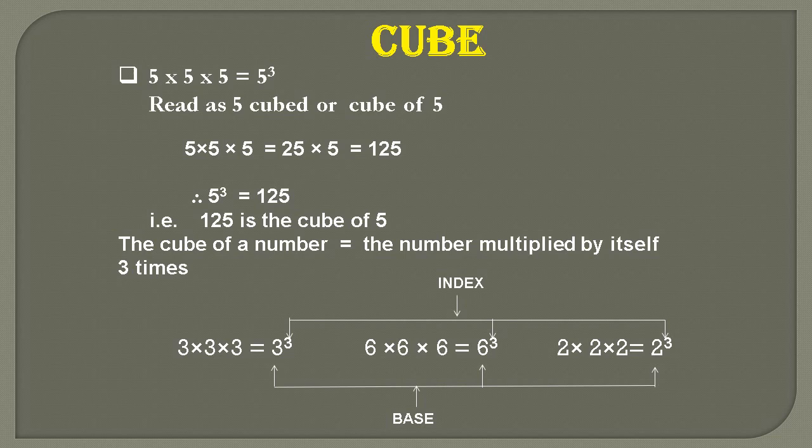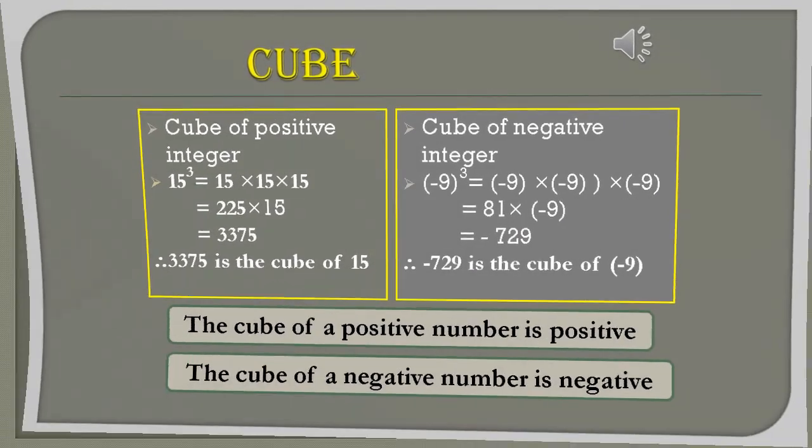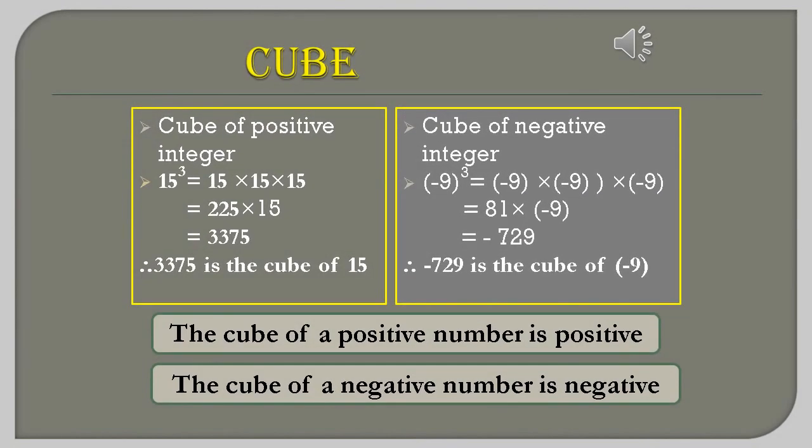The cube of a number means the number multiplied by itself 3 times. It can be written in the index form as number as a base and 3 as an index. Let us solve some examples related to this. Evaluate the cube of 15.